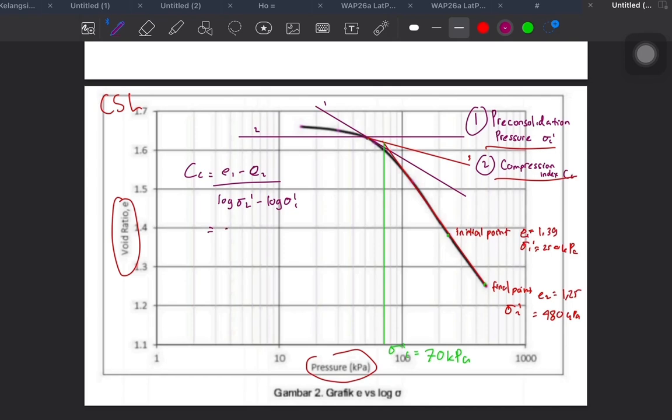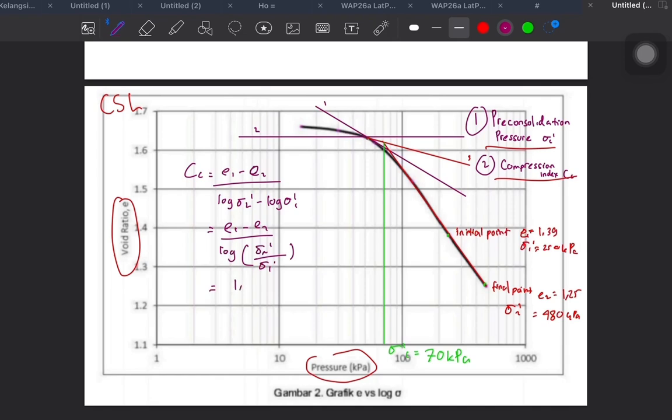You can simplify the formula into initial void ratio minus final void ratio divided by log of final pressure divided by initial pressure. Next, you can use the formula directly with the coordinate values from each point.